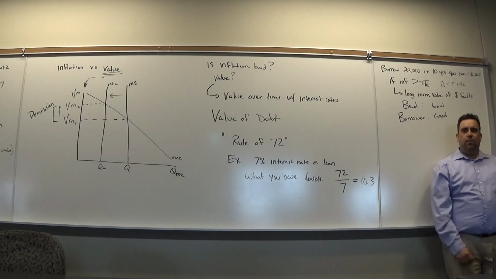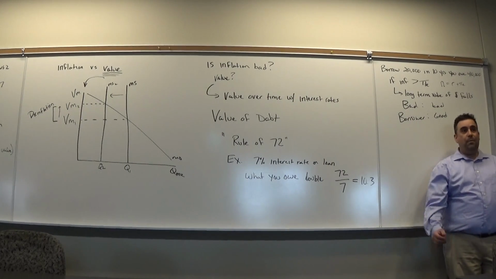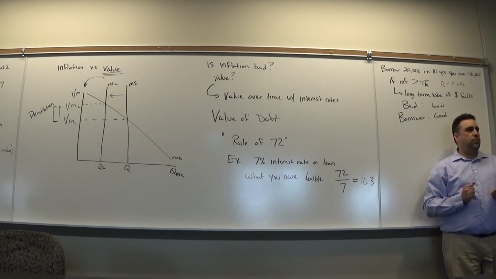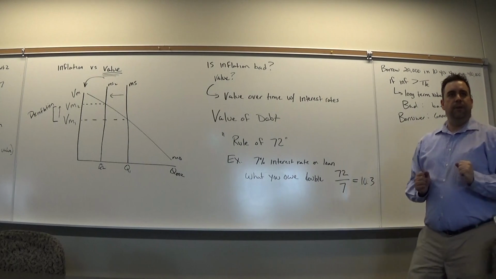Like I said, yeah, there's a little bit of a trade-off. Things might get more expensive, but probably not things that you're going to purchase as a student. With the exception of tuition.